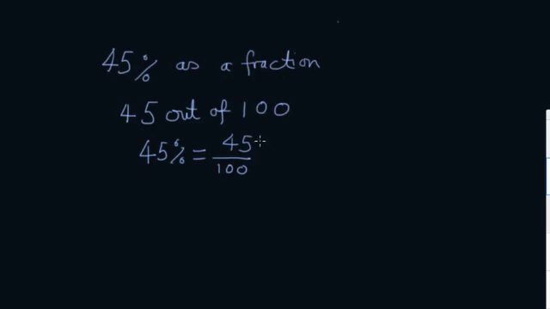So if we divide both the top and the bottom by 5, we get 9 over 20. So 45% as a fraction is 9/20. Nice and simple.